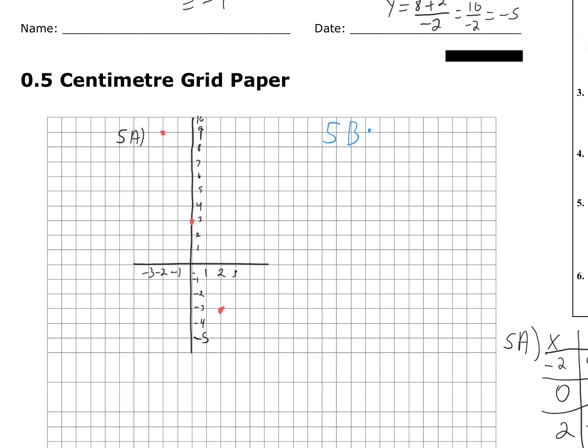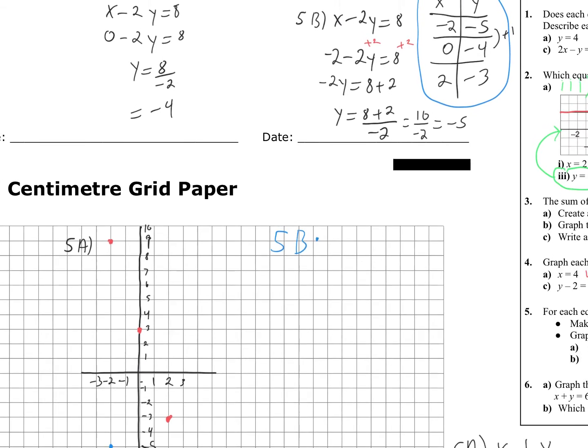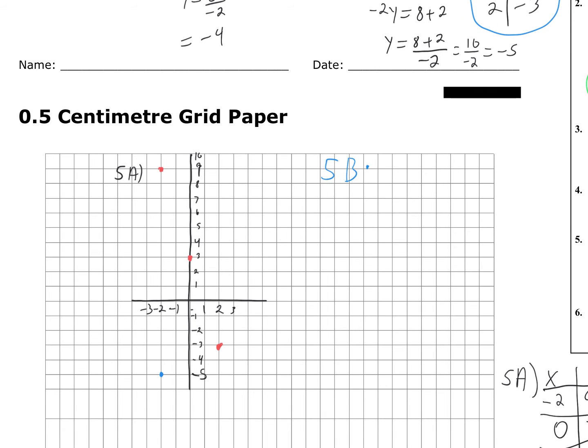So -2 and then -5 is down here. Then 0 would be a -4. And then +2 would be a -3. So that's also going there.